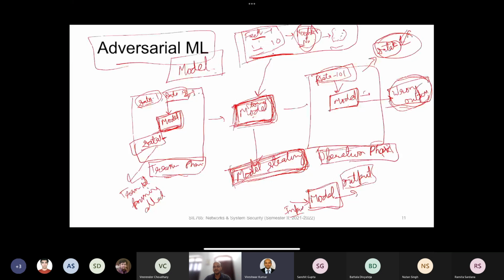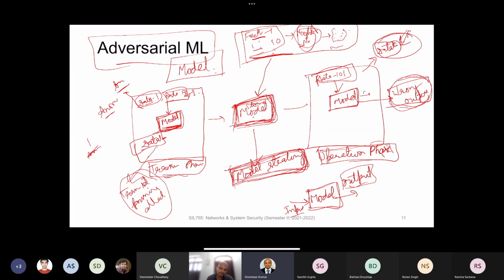Let me give you an example from an intrusion detection system. If it is learning what is a benign behavior and what is an anomalous behavior, then training set poisoning means the attacker tries to make the model learn that something actually anomalous is benign.